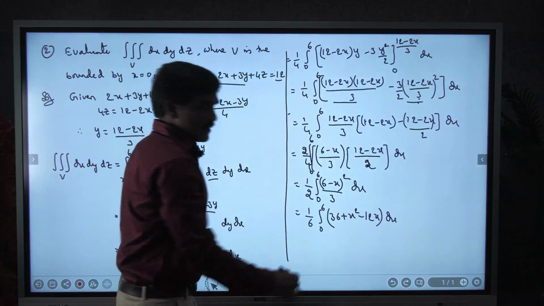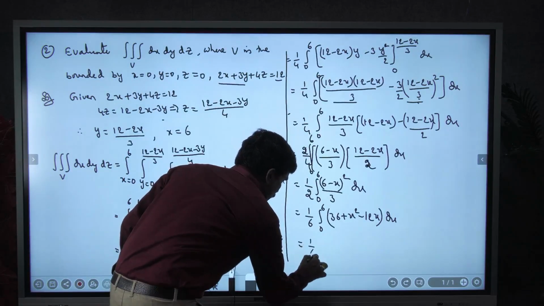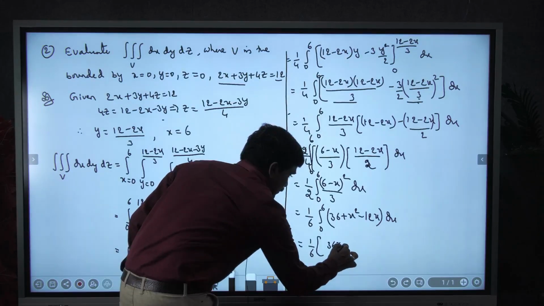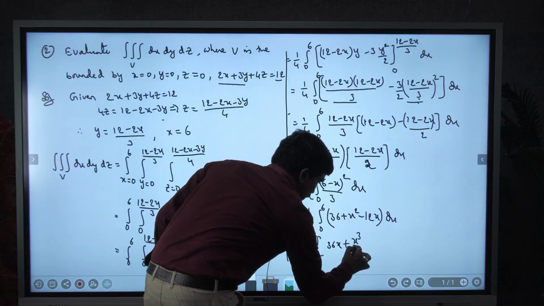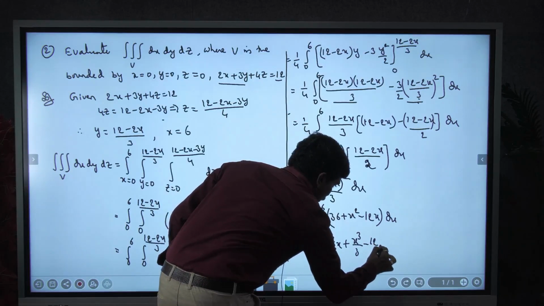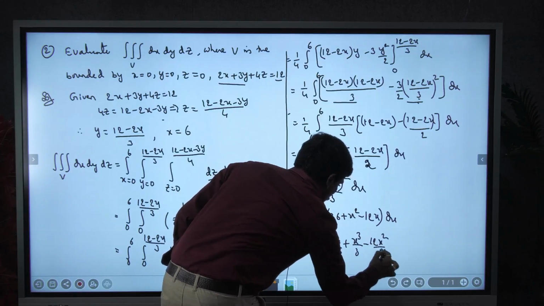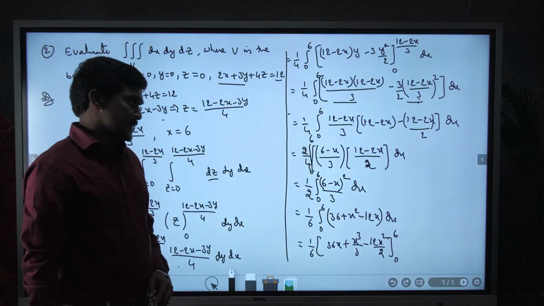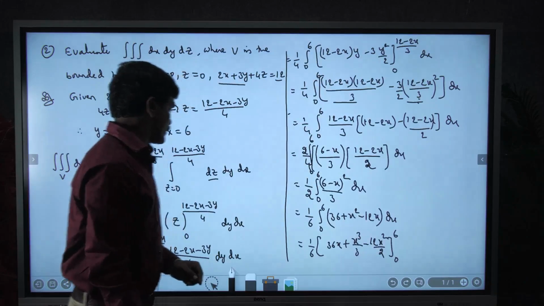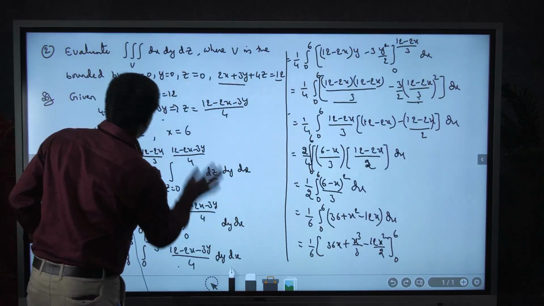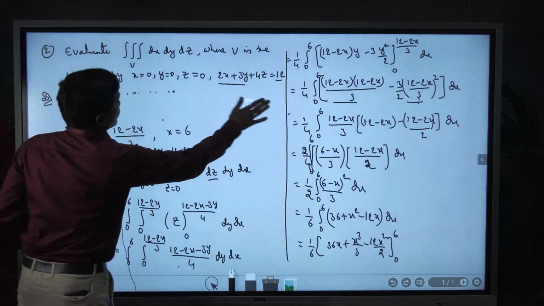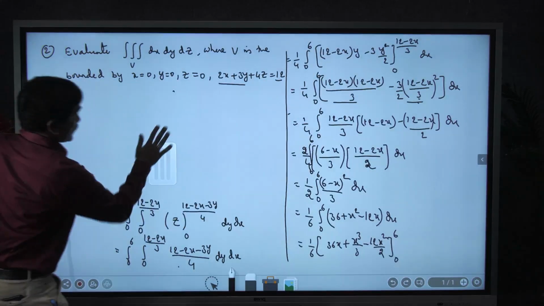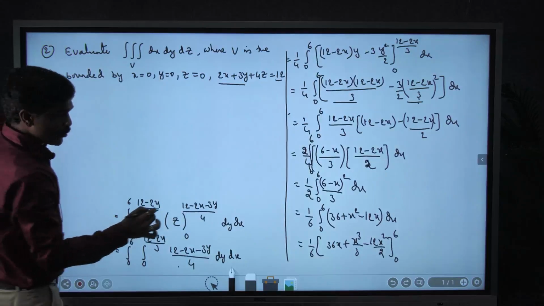Now integrate. Integrate 1 by 6 times 36x plus x cube by 3 minus 12x square by 2. So integration is over, limit 0 to 6. Then substitute. Now substitute upper limit and lower limit.